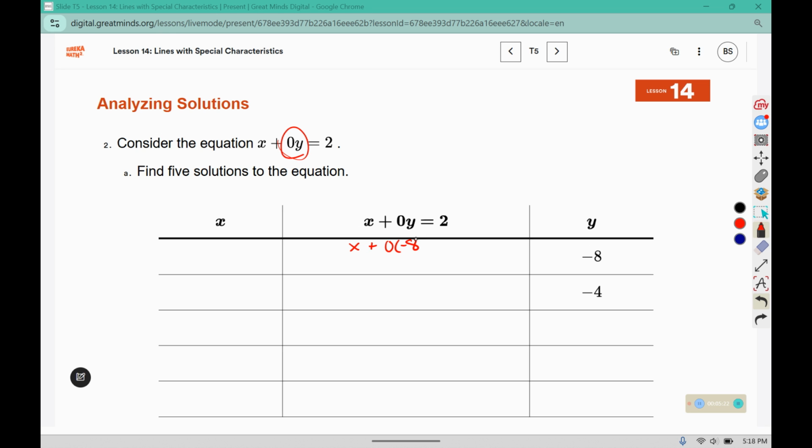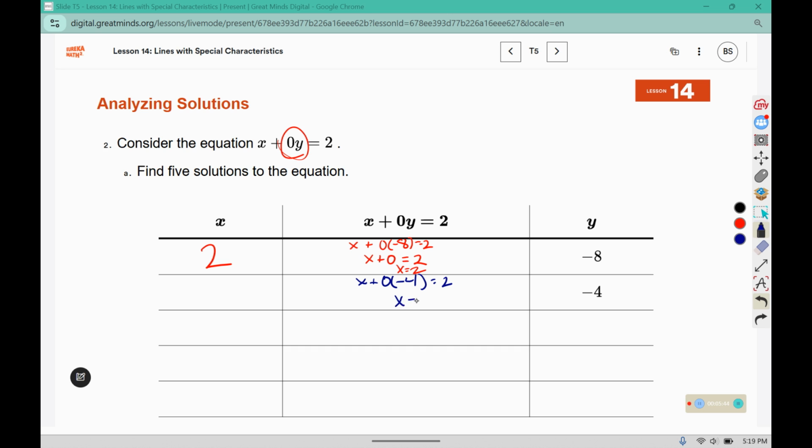0 times -8 is 0. So in order to get x plus 0 to equal 2, that would be 2. And then we can continue. If I put in 0 times -4, that is 0.